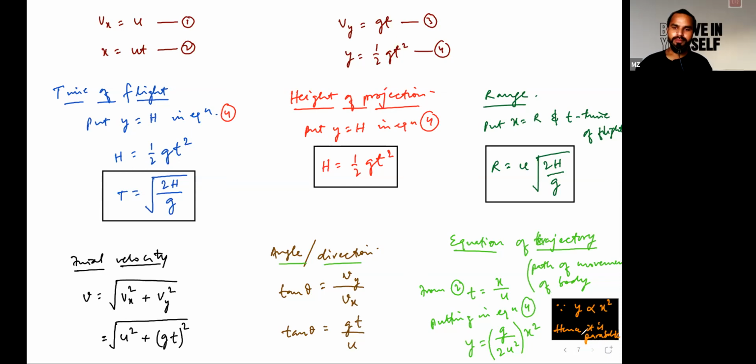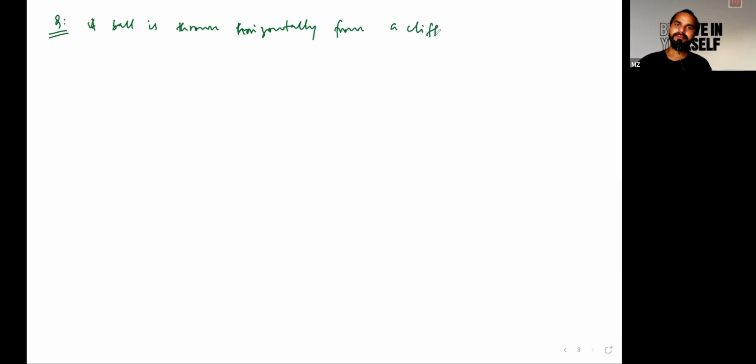Okay, I'm giving you one problem regarding this. A ball is thrown horizontally from a cliff so that it hits the ground after 3 seconds at 45 degrees with the horizontal.